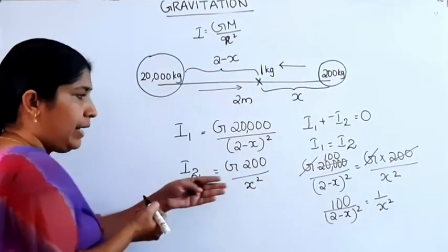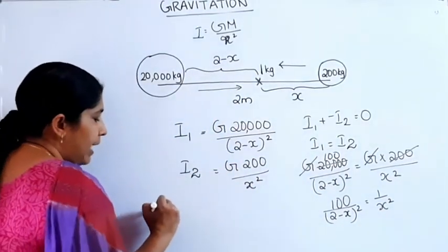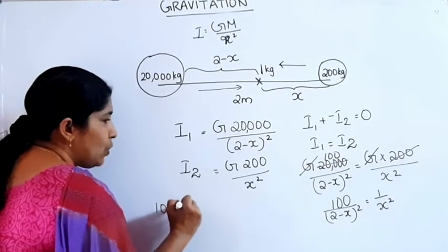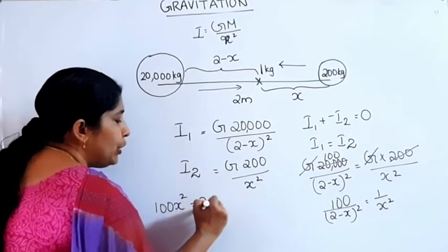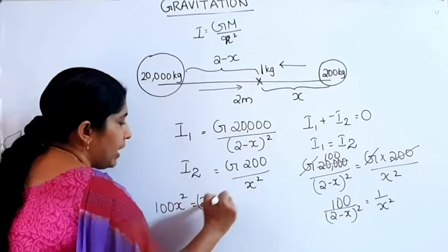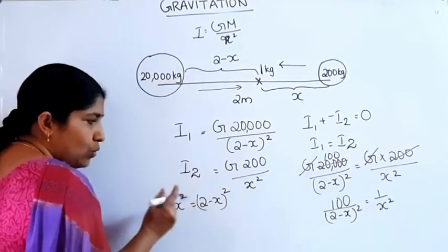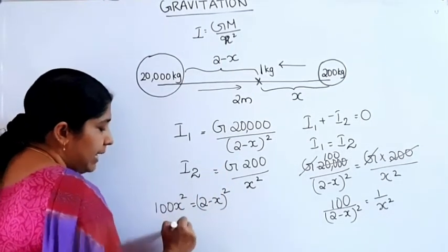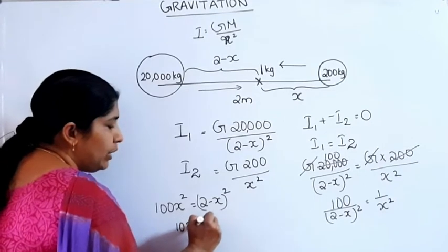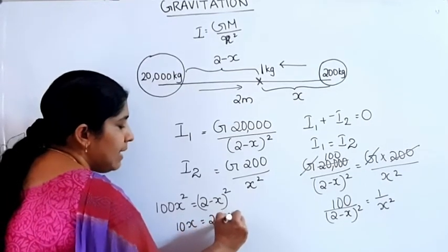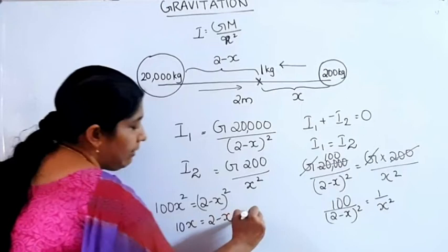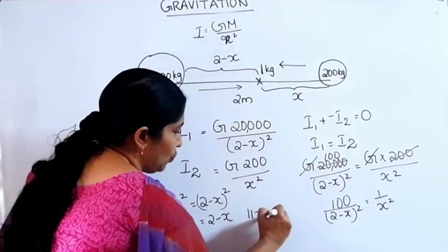Then on rearranging, we can write 100x squared is equal to (2 minus x) the whole squared. On taking square roots on both sides, 10x is equal to 2 minus x. Then from here, 11x is equal to 2.